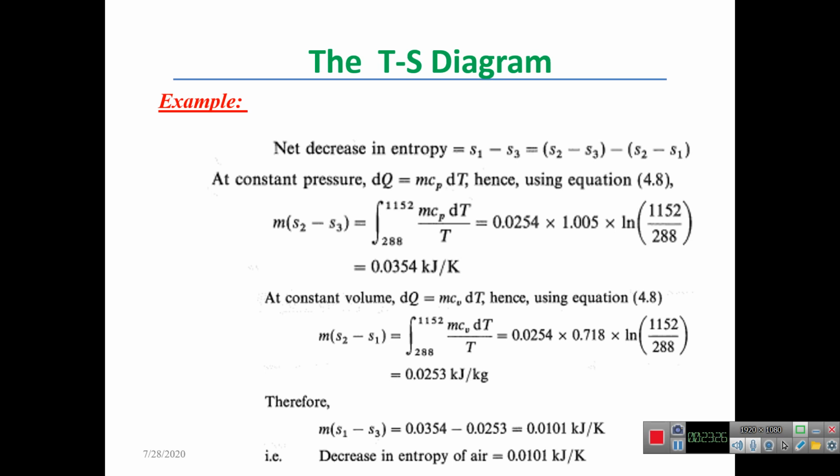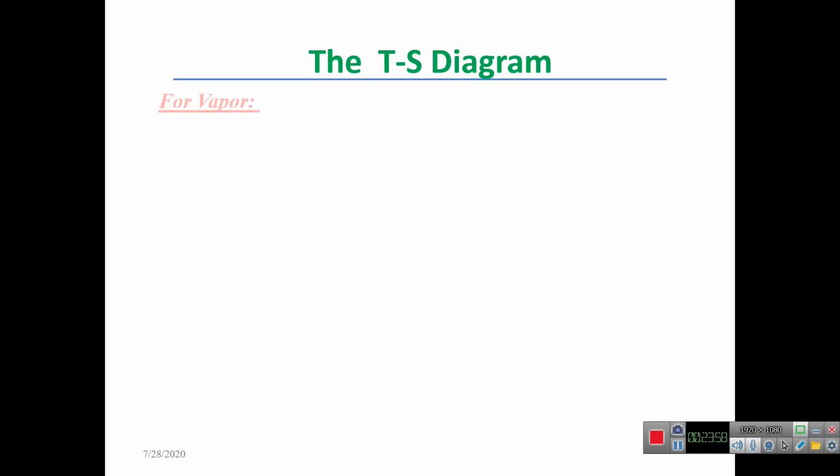S2 minus S3, as we have just calculated, is 0.0354, minus S2 minus S1 times m, which is equal to 0.0253, and the result is 0.0101 kilojoule per Kelvin, and that means the decrease in entropy of air in going through these two processes, 1 to 2 and 2 to 3, is equal to 0.0101 kilojoule per Kelvin.